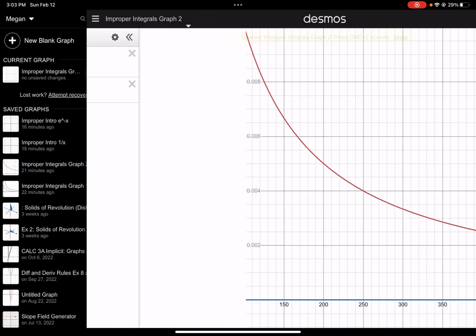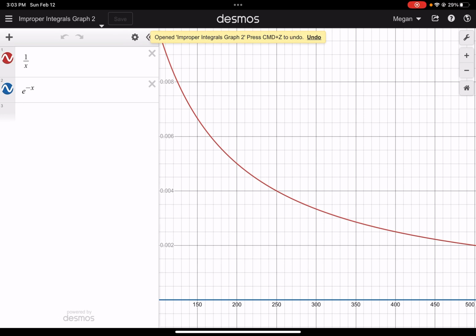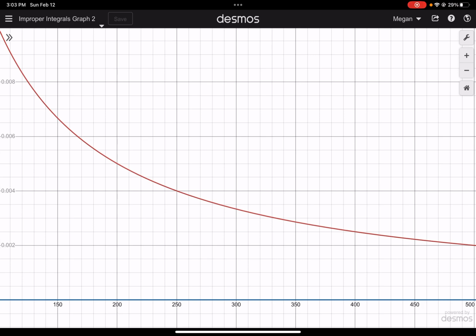The red is still the 1 divided by x, and the blue is still the e to the negative x. You can barely see the blue. You can see the red still has that same general 1 over x shape, but the blue is literally on this axis. You can barely see it because it is so close to 0 that it is literally immeasurable. So that is the difference in these graphs as we go to infinity.